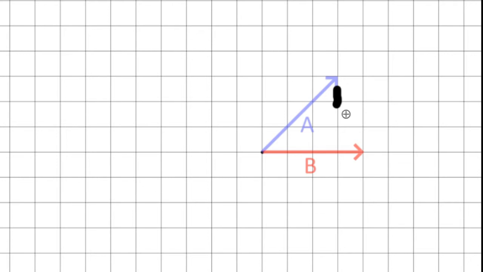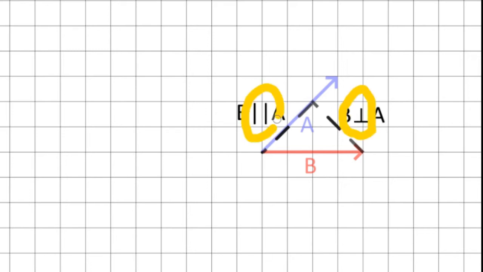The vectors are perpendicular to each other, or they don't have any components with each other. And one way to figure that out is to use the projection. I wrote this down already. Let me circle it. This symbol just means perpendicular. This symbol just means parallel.